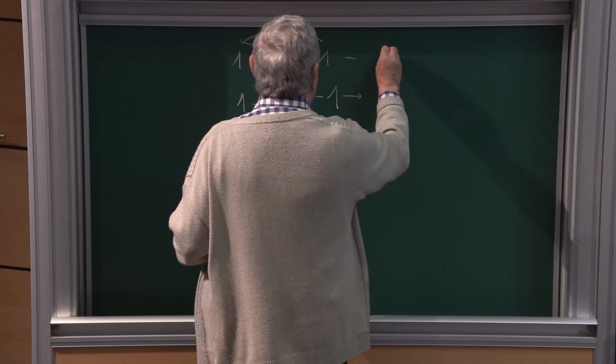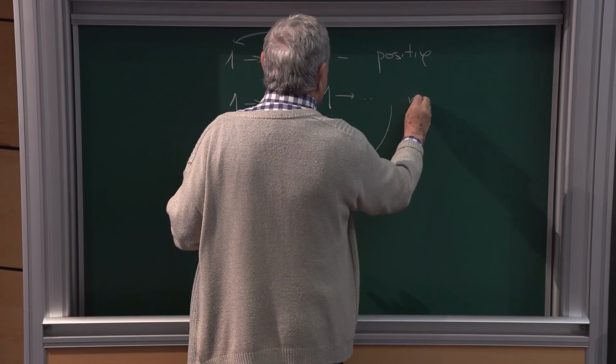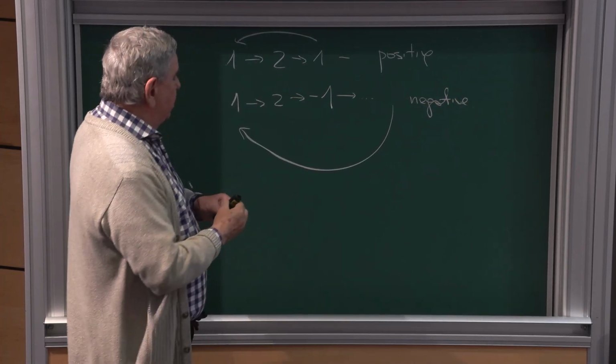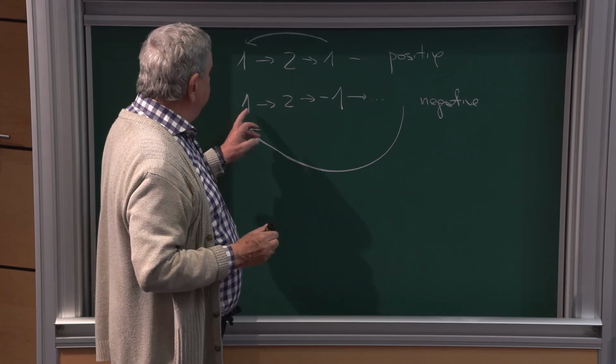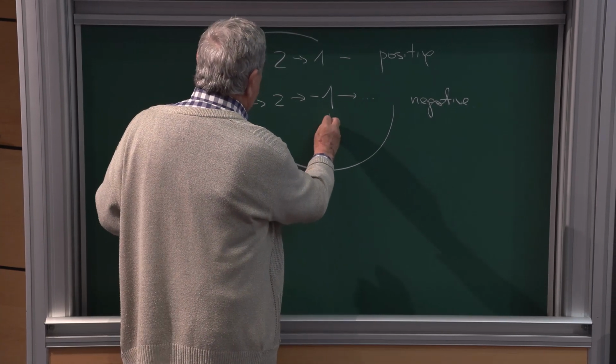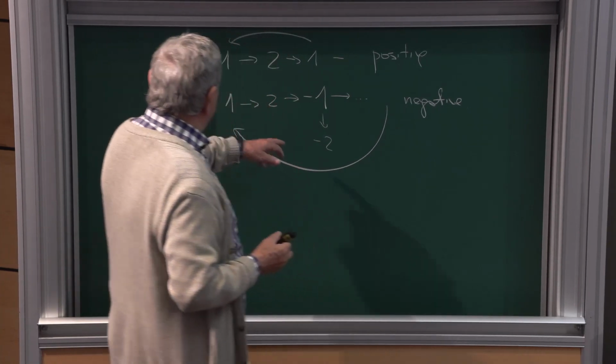So this we call positive cycles, and this is called negative cycles. So that means, of course, if you come to -1, from -1 you come to -2, you can check it, and so on, and you come to 1.